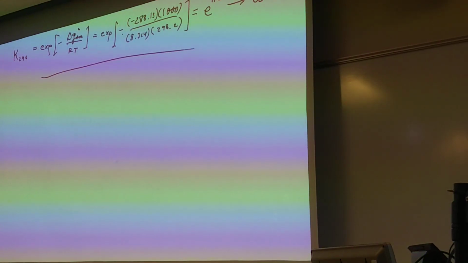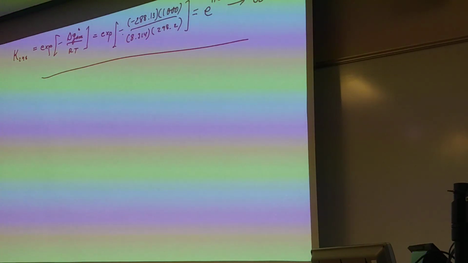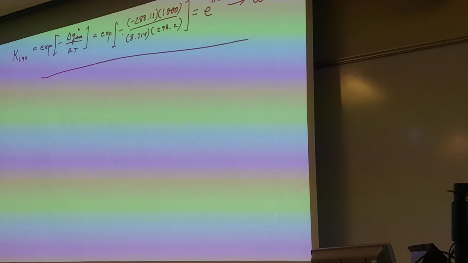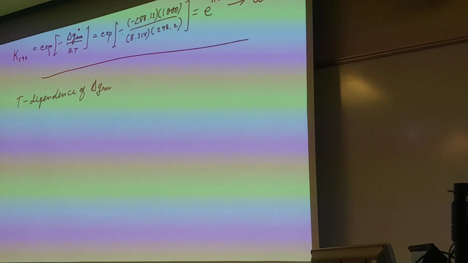But if we're interested in another temperature than 25 degrees C, that means we have to look into the issue of the temperature dependence of the standard reaction, and of course, along with it, K.